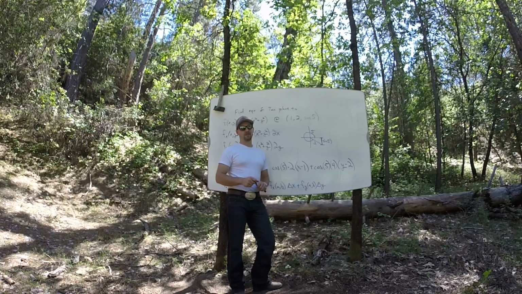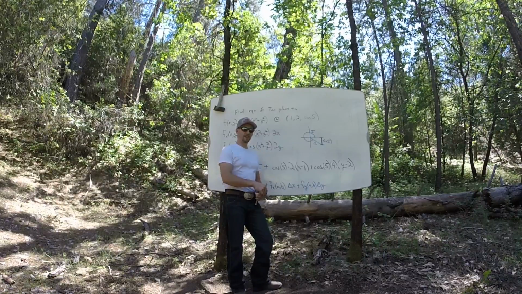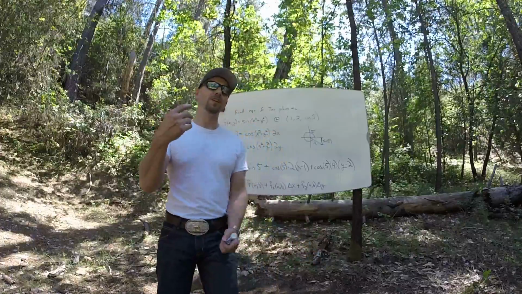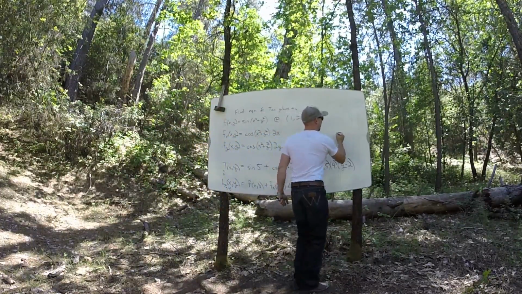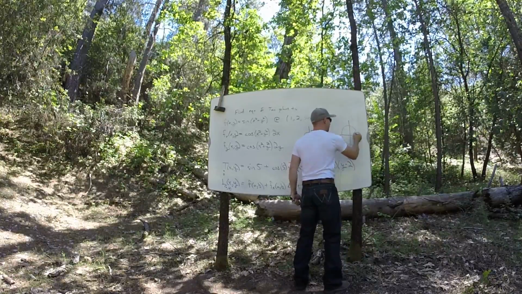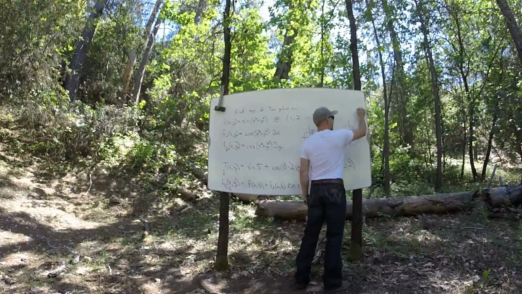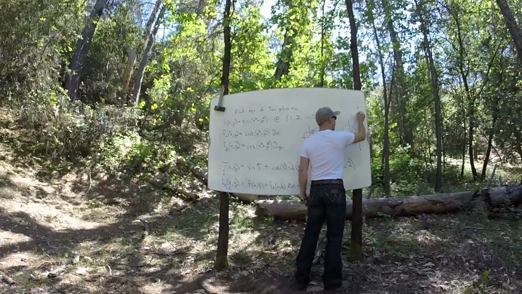I'm trying to think. Tangent is a touch funky. Tangent's domain. How about this for tangent? Here's a unit circle, really poorly drawn. When you take tangent of an angle, you're asking how long is this?